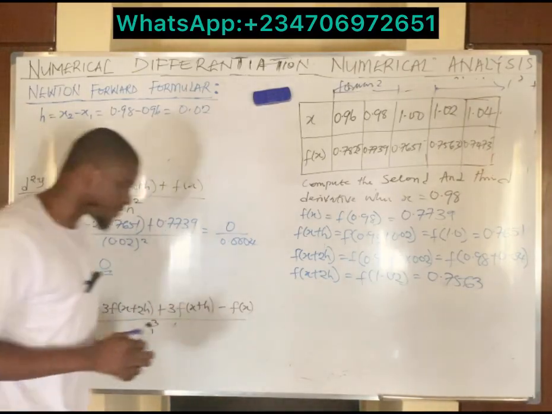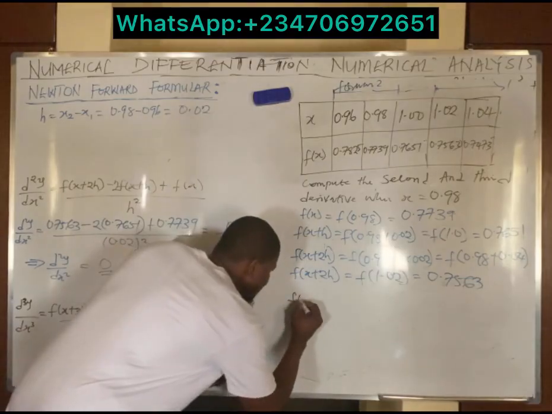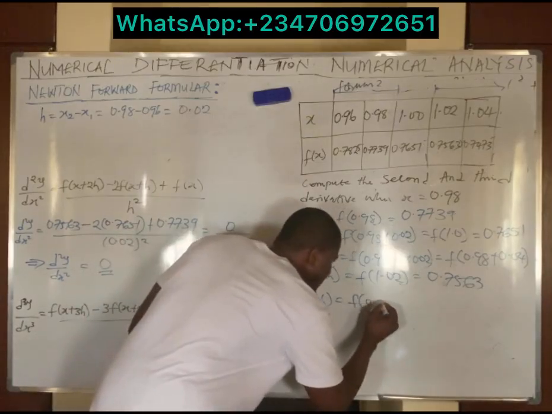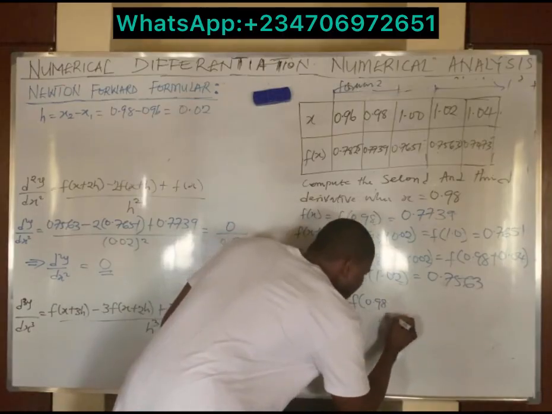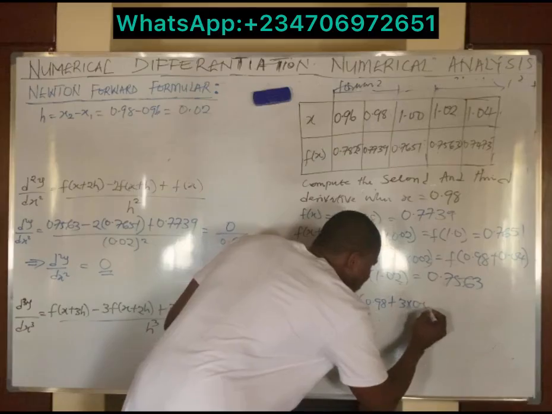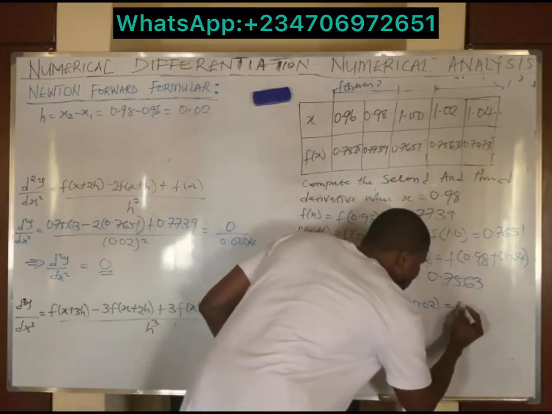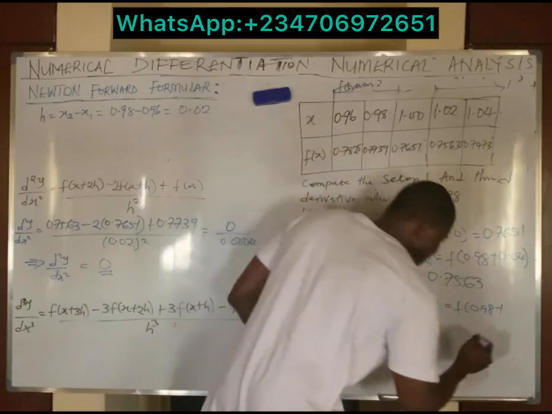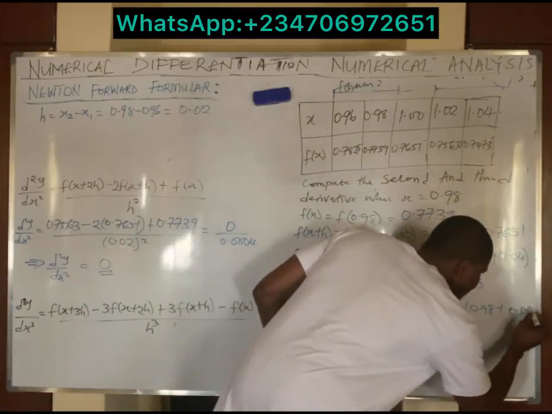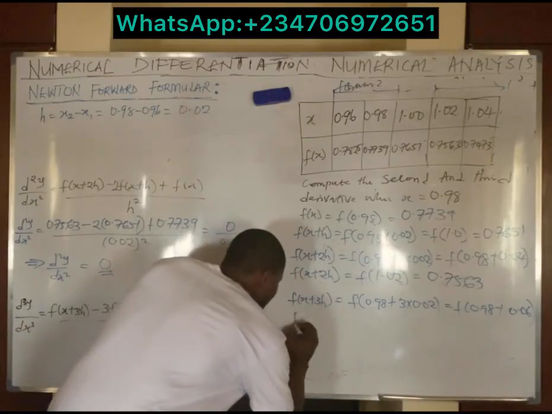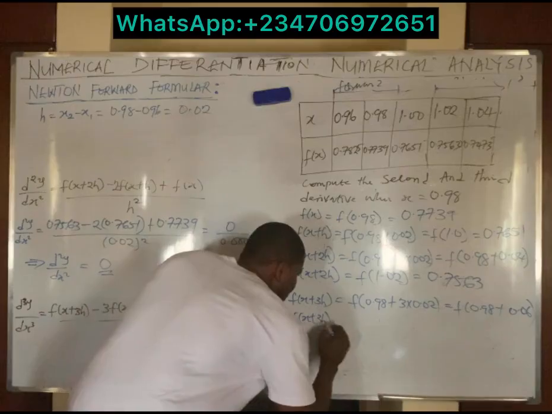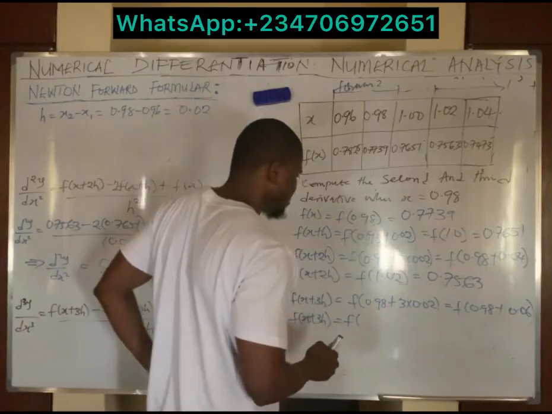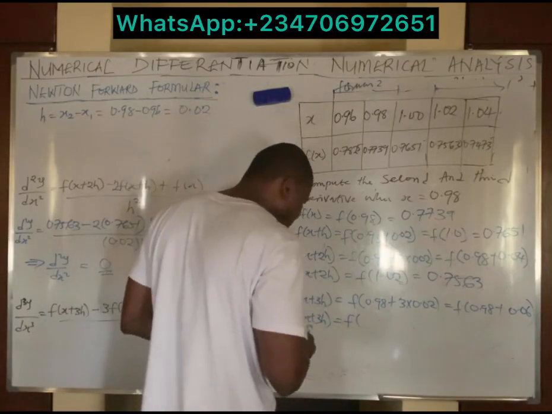So let's find f of x plus 3h. f of x plus 3h is equal to f of x, which is 0.98, plus 3 times 0.02, which is 0.06. So f of x plus 3h is equal to f of 0.98 plus 0.06, and that simply gives us 1.04.